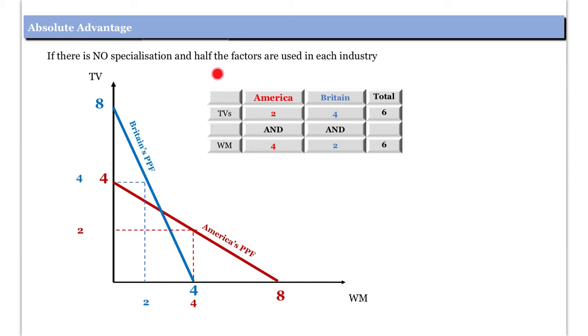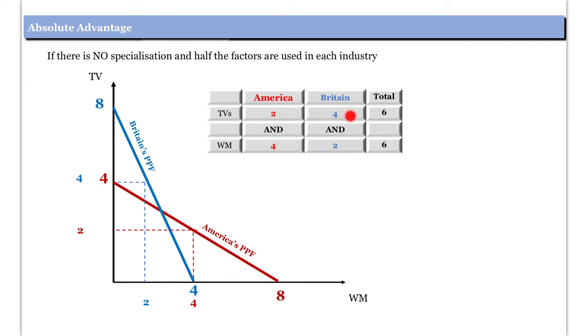So, in this slide here, we're saying what would happen if there was no specialization. And so the easiest assumption to make is that half of the factors are used in each industry. If that's the case, let's look at America. Remember, we said that America, this is the red PPF, could produce 4 TVs with all of their factors in the TV industry. So if half of them are used in each industry, then instead of that 4, they would only be able to produce 2 televisions, whereas they could also, with half of their factors, produce 4 washing machines. So America can produce 2 televisions and 4 washing machines.